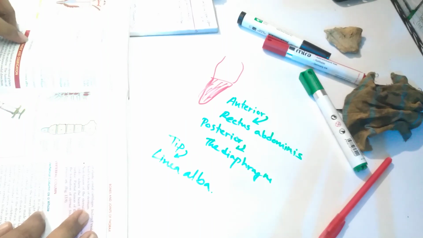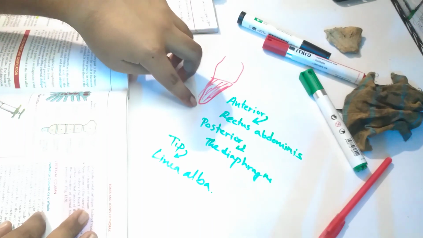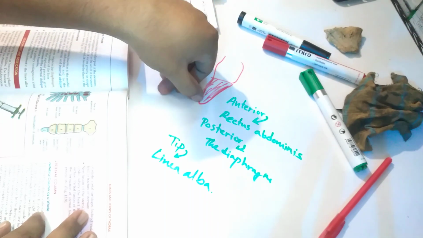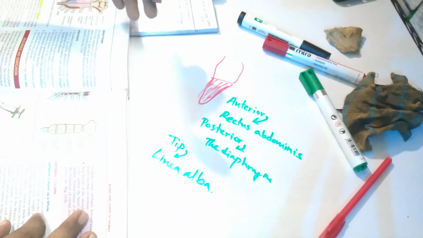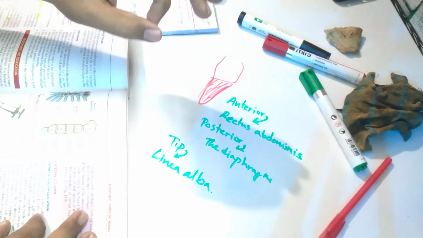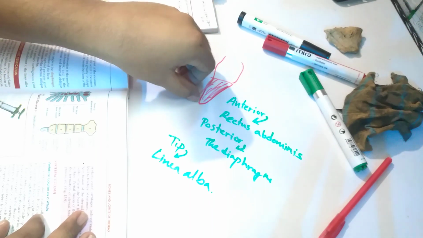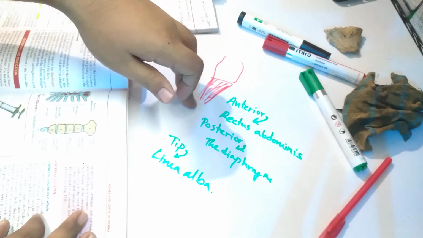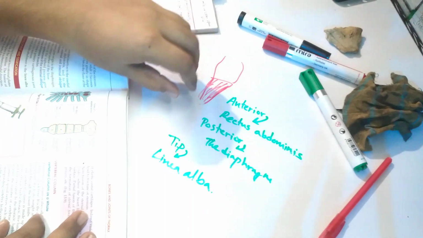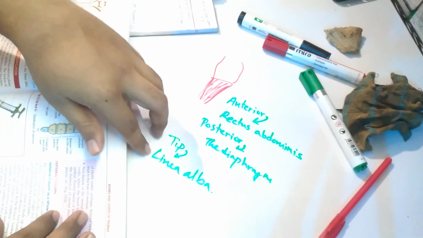And the lower end or tip of the xiphoid process affords the attachment of the linea alba.